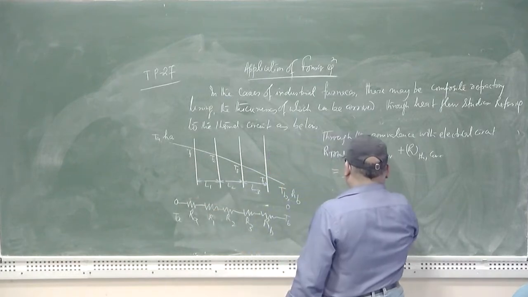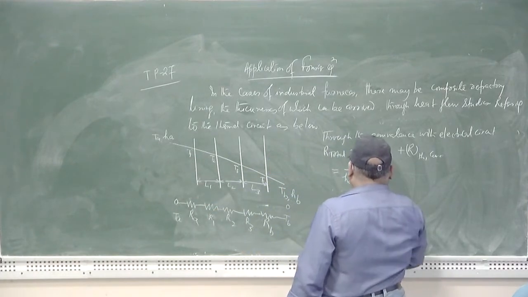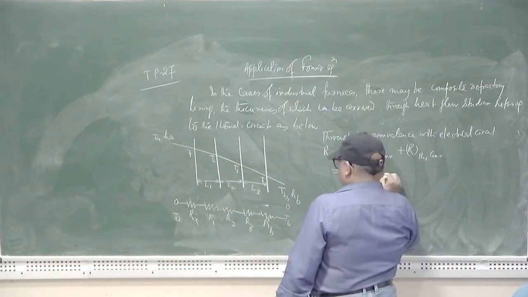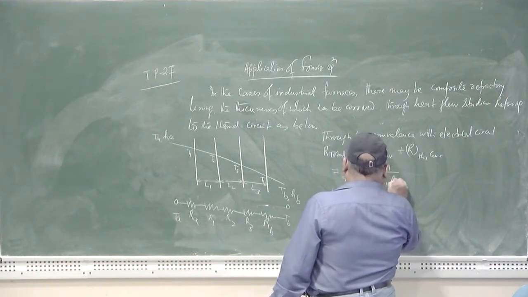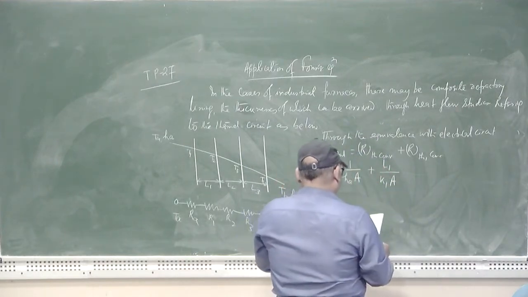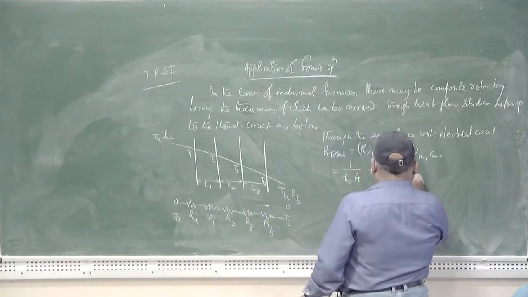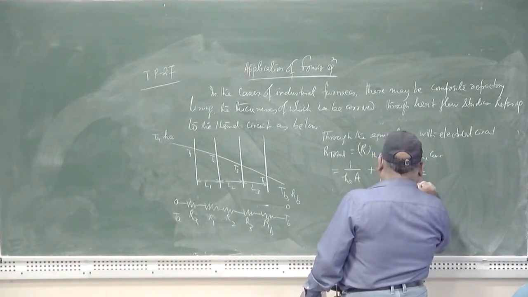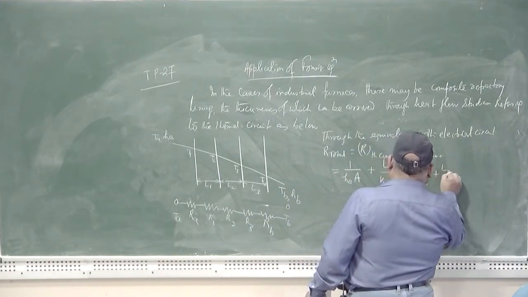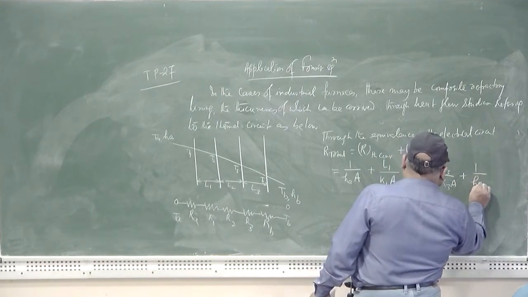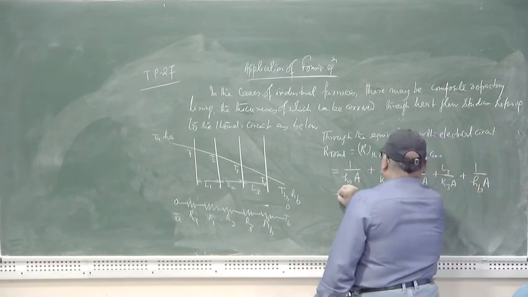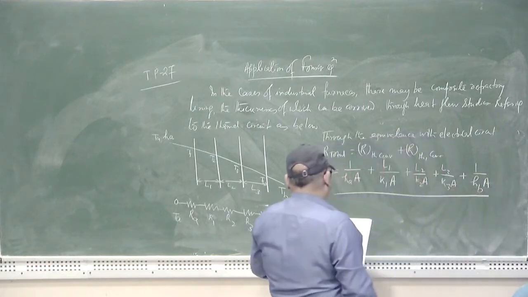So 1 by HaA plus L1 upon K1A plus L2 upon K2A plus L3 upon K3A plus 1 upon HbA. So this is the thermal resistance through which it has to pass.